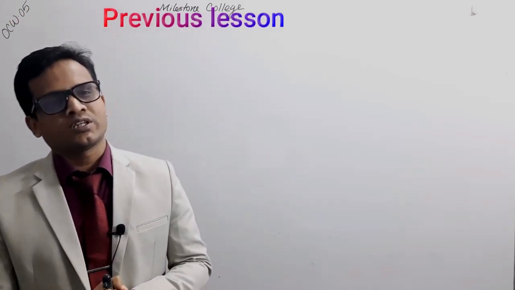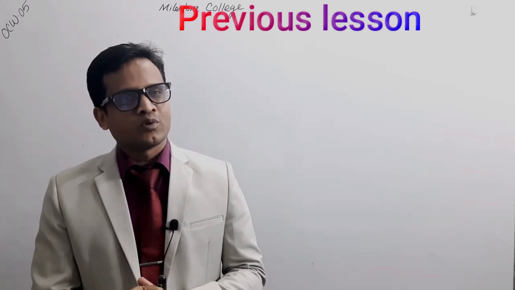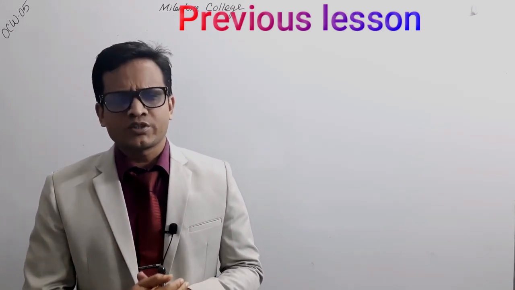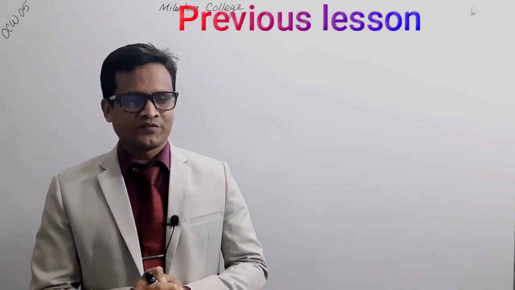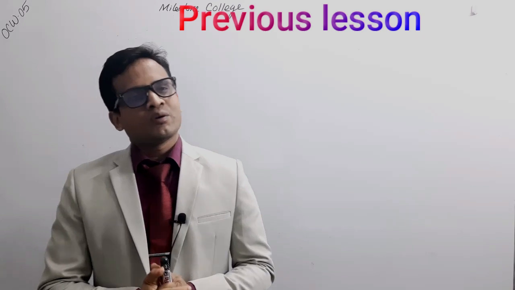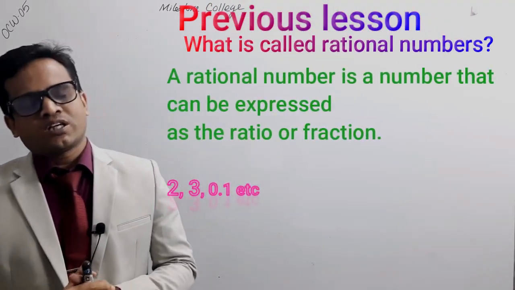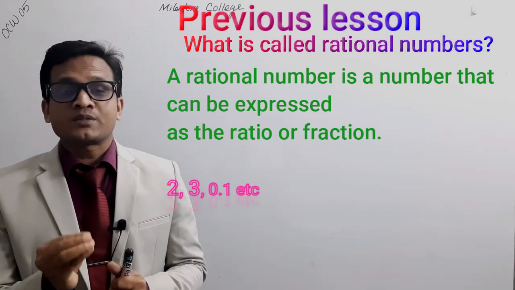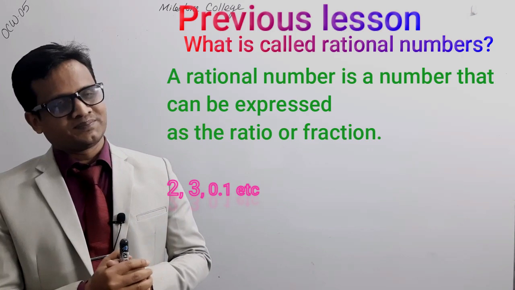So definition today, can you tell me what is called rational number, what is called irrational number, and what is square and square root? Yes, you can tell. Very good. Thank you. Now I am telling what is called rational number. A rational number is a number that can be expressed as a ratio or fraction, right?